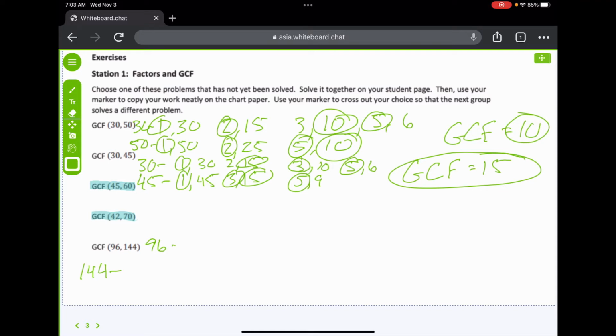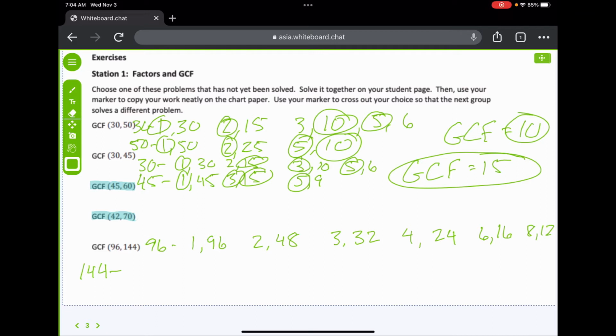All right, so we would have 1 and 96, 2 and 48, 3 and 32, and 4 times 24, 6 times 16, and I think we can do 8 and 12.